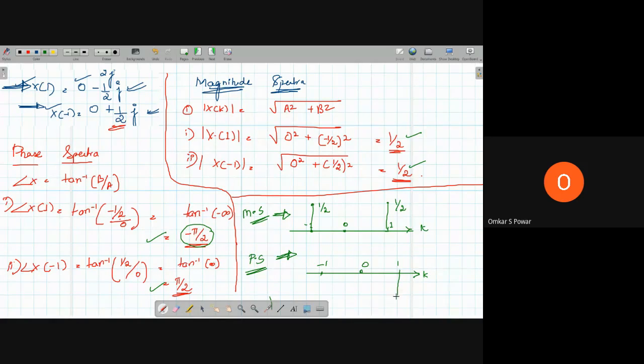So this is minus pi by 2. And at x of minus 1 you have plus pi by 2. So this is plus pi by 2. Okay. So this is how you get your magnitude spectra and phase spectra.